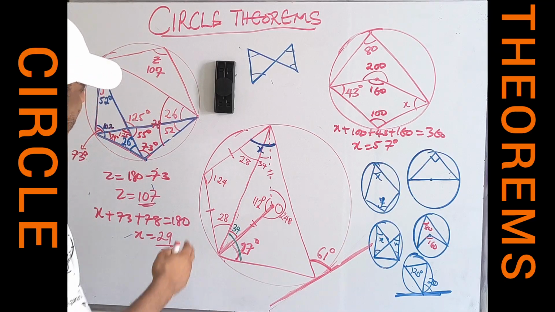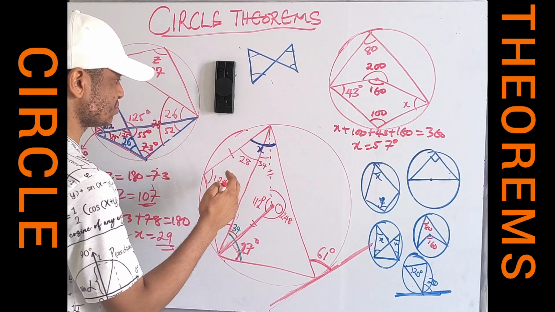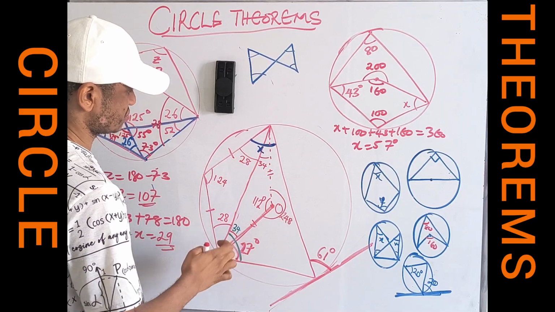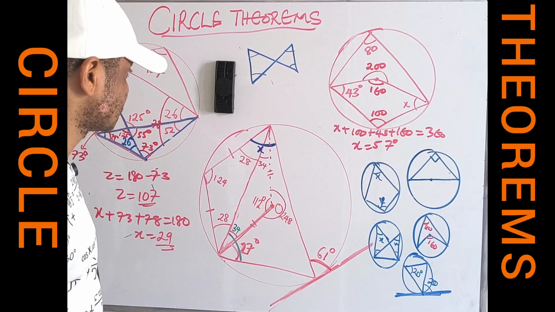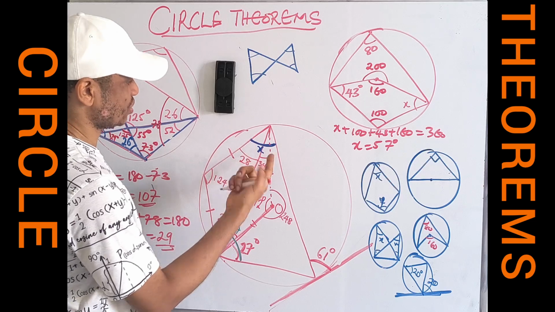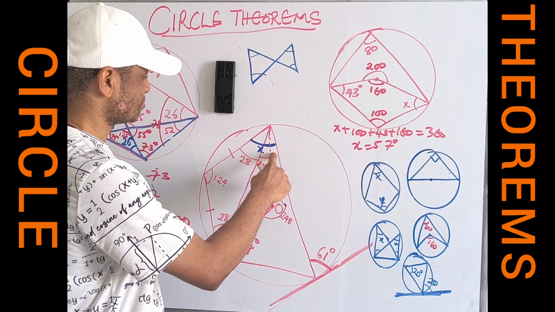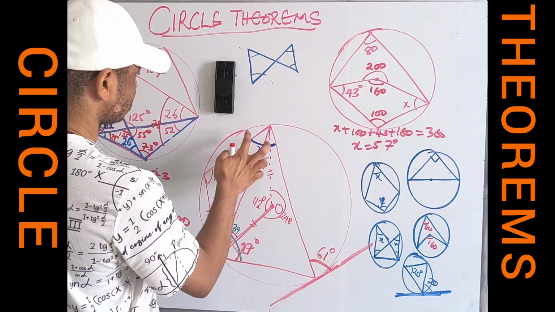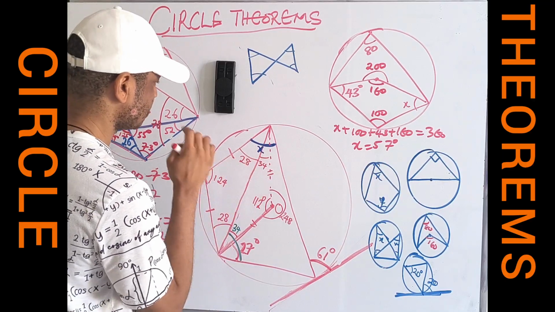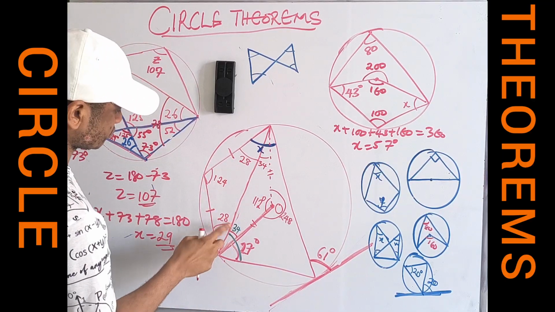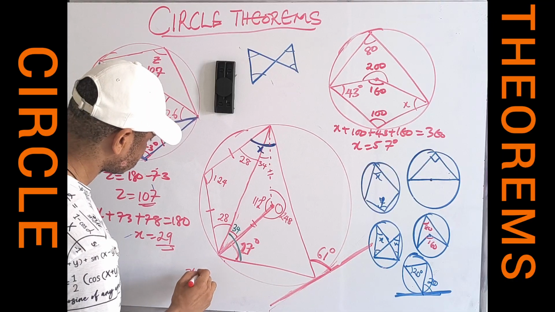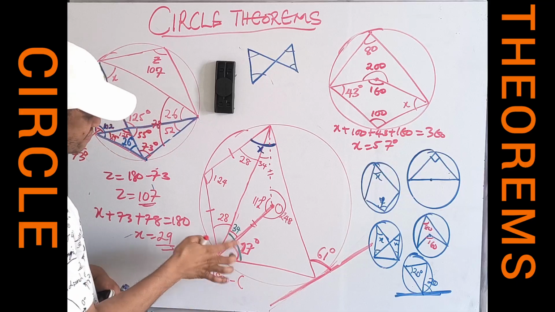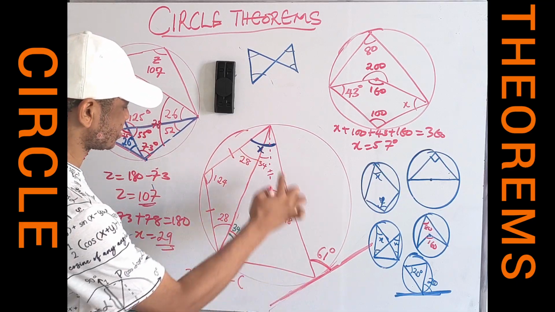And this is a cyclic quadrilateral. So we can do all the angles here plus this. So I'll get my answer. Another way I can find here is to make a construction, but that will be too tedious. So I'm finding x, right? So x will be 180 minus everything here, because this is a cyclic quadrilateral.